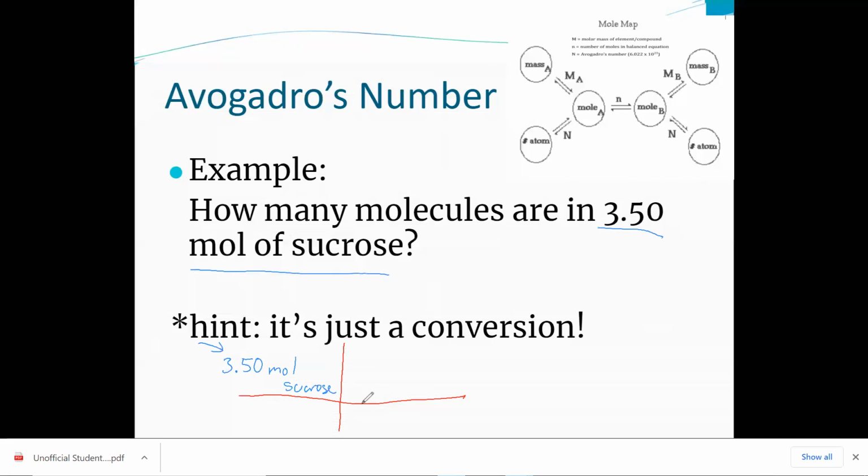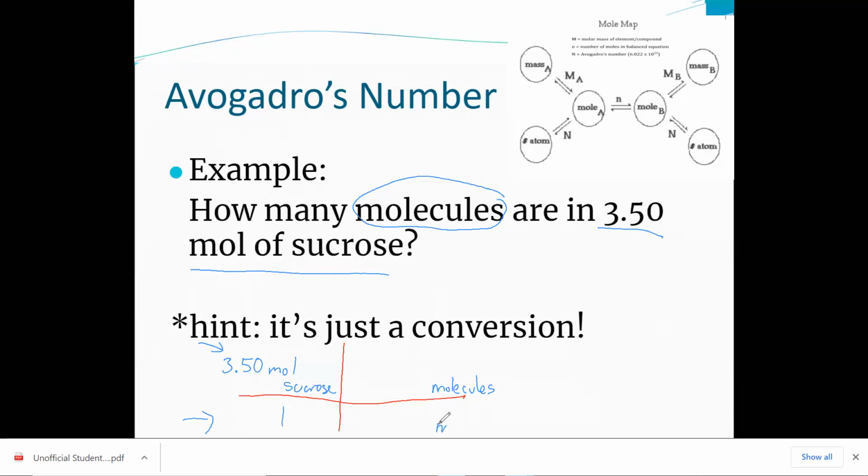If you recall, in the bottom left-hand corner, we always write our placeholder 1. In the upper right-hand corner, we always write the unit that we're trying to find. In this case, I want to know how many molecules, so we're going to write molecules in the upper right, and we write the unit that we're converting out of in the bottom right.